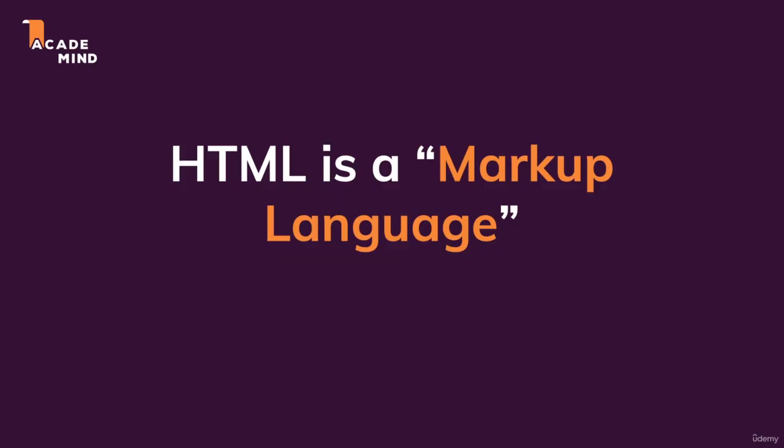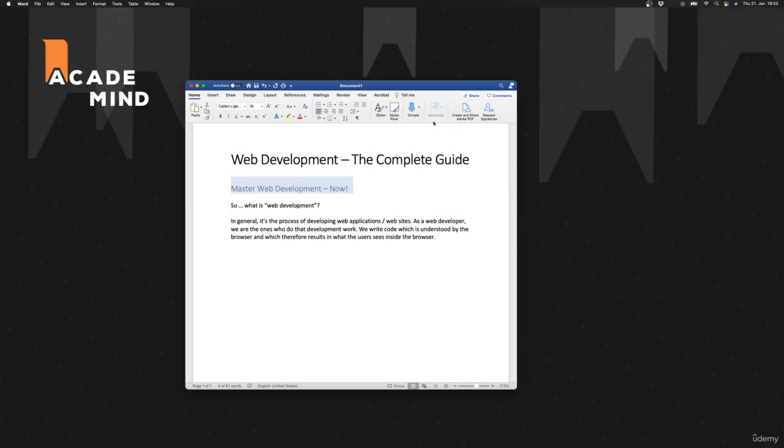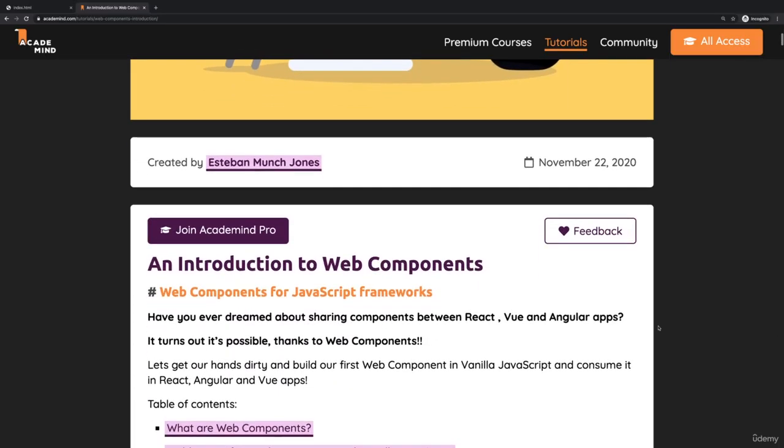Now, HTML is a markup language, and that means that it is in the end a language that's there to add extra annotation to content which we might have on our page. Just as we might make content bold or turn content into a title or a subtitle in a Word document, we also typically want to assign different meanings to the different pieces of content we have on our web page.